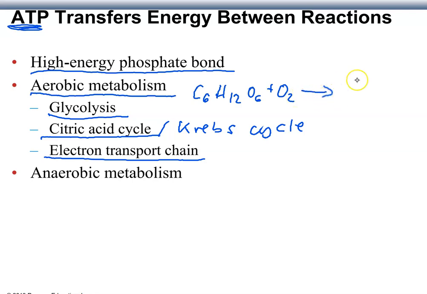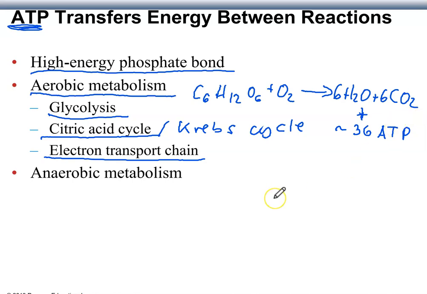And we are going to convert in many, many steps that glucose molecule to 6H2O plus 6CO2, and of course water and CO2 have very low energy. So the energy that was in the glucose, we get an energy output of about 36 ATP. That's pretty good, actually. So we're going to take a look at how this works.